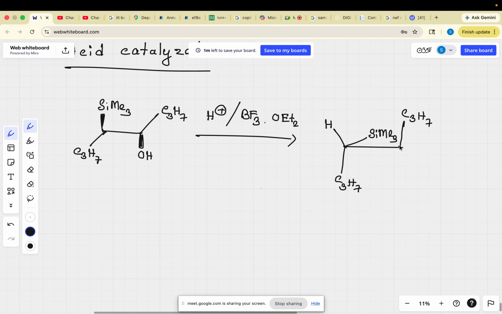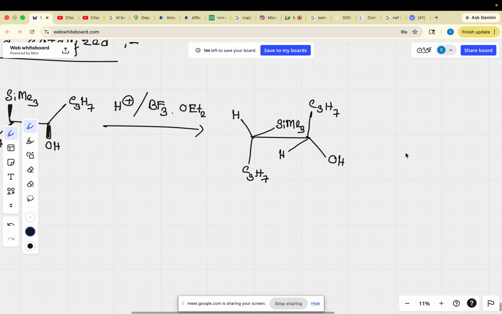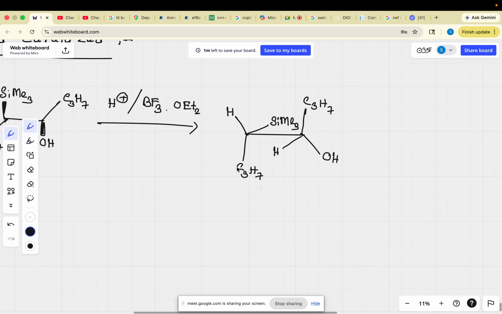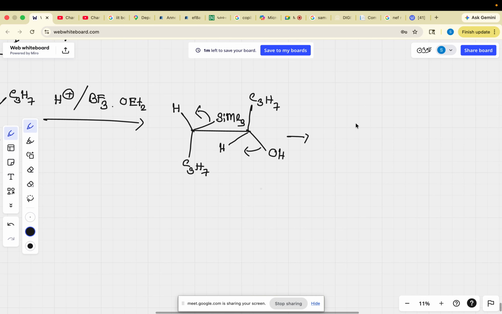Above the plane OH, so on the right hand side you will have OH, on the left side hydrogen. Now acid means anti, so you have to make SiMe3 and OH anti to each other. Nothing to worry, you just rotate this SiMe3 by 60 degrees and this OH also by 60 degrees. Do it, you will get anti.